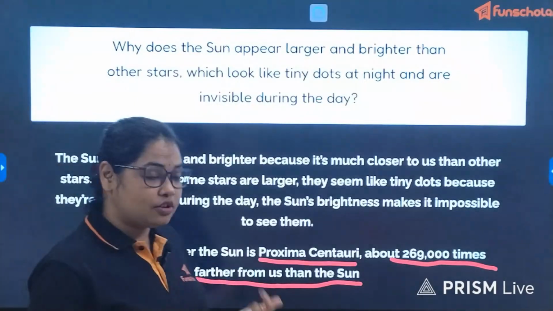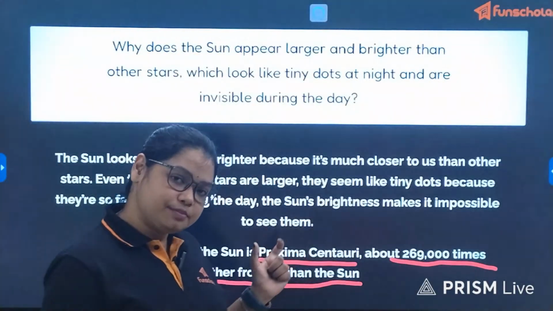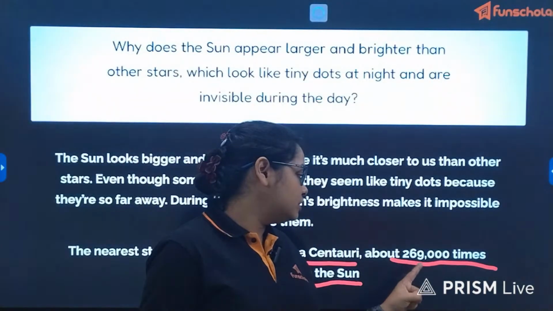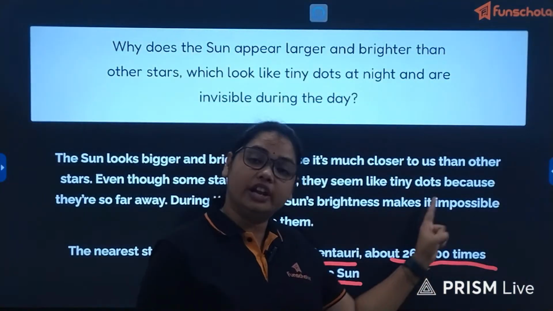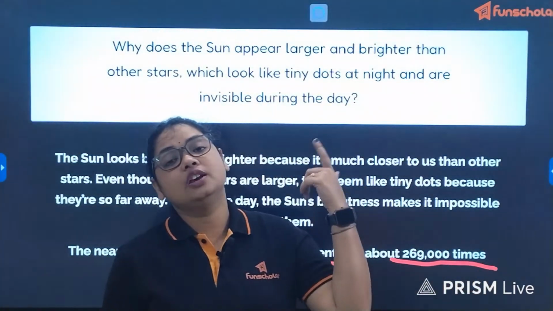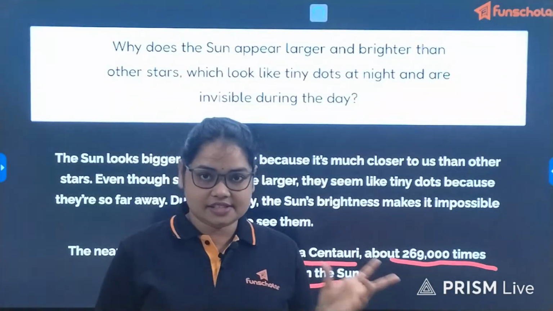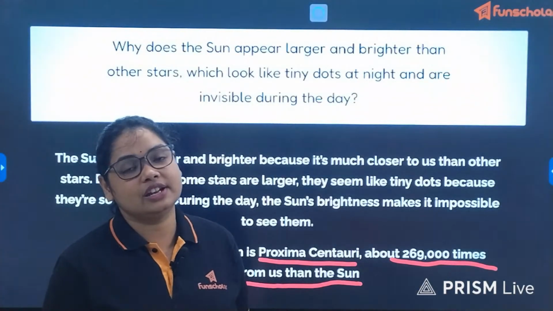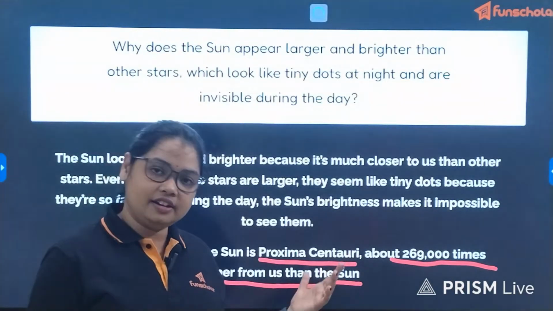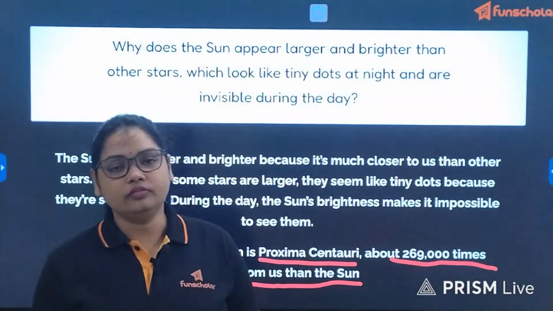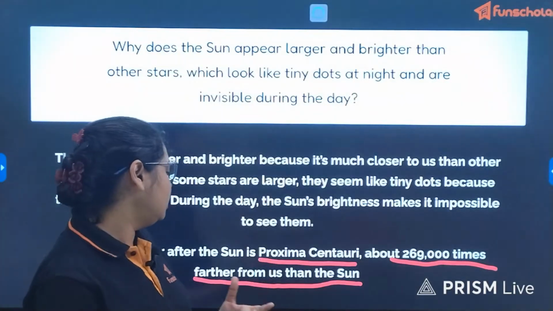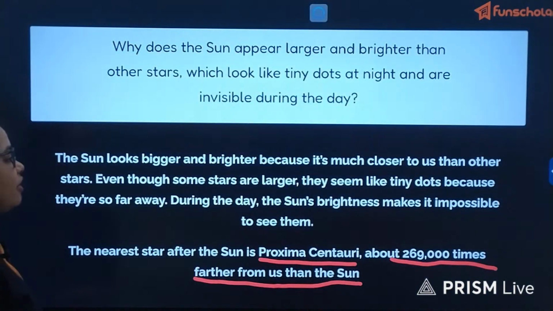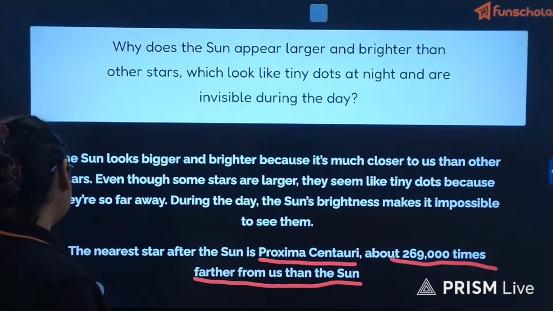And if you want to calculate the distance, just multiply 269,000 into 150 million, and then you will get the distance in kilometers. So that is the distance between the next nearest star and the Earth. So this is all about the head of the family, that is the Sun.